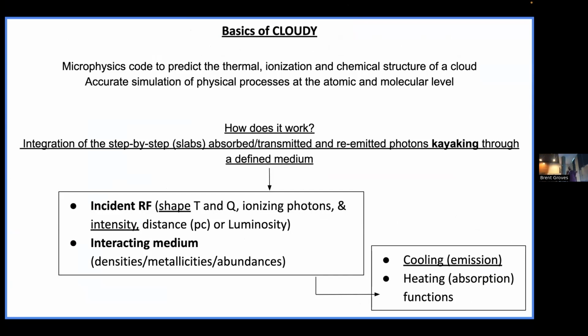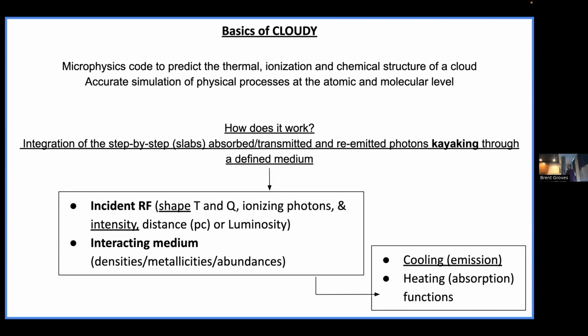It's a microphysics code that is able to predict and define the structure of a cloud through its thermal, ionization and chemical structure and definition. Most importantly, it can go to atomic and molecular scale through an accurate simulation of the physical processes. How does it work?